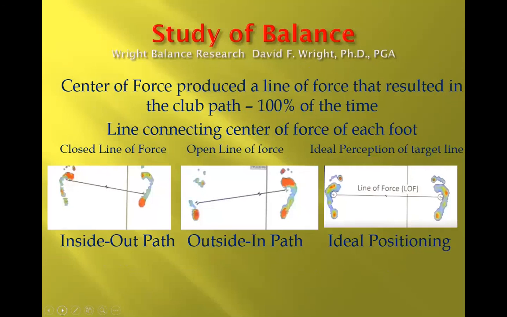So a few things that I did find out there when I did the initial research on the studies that were out there. One was a study of balance, and this really wasn't any earth-shattering discovery. It really had to do with the center of mass and balance and the center of force.